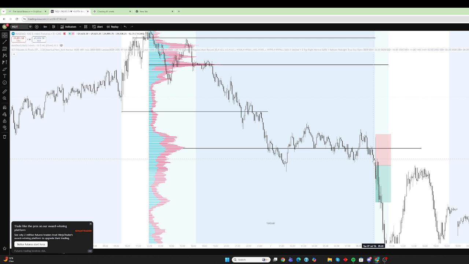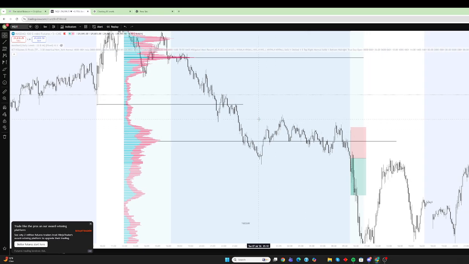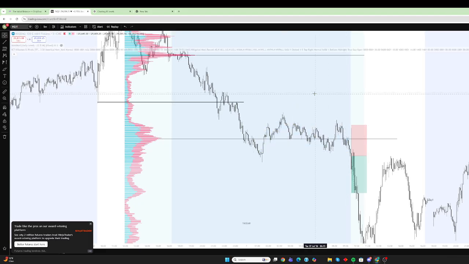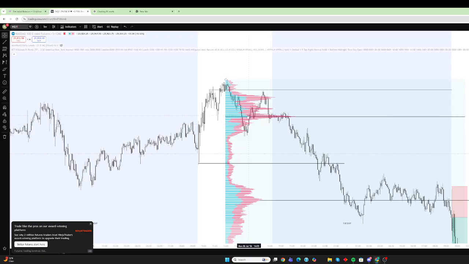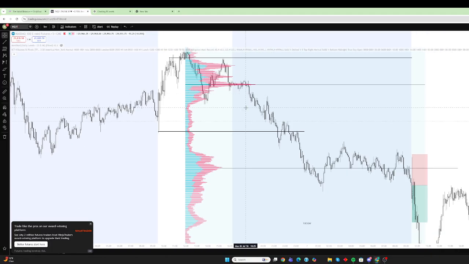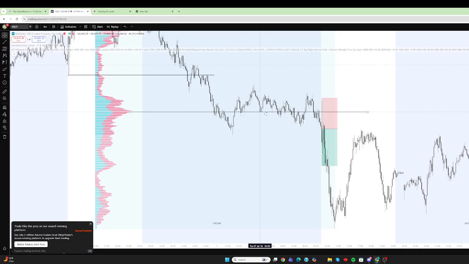And as you can see, at market open, we are lower. We have accepted below yesterday's IB level. As you can see, we are balanced. If we can use auction market theory here, we were balanced. We're in the discovery phase, aka the imbalance phase, and now we are balanced again.